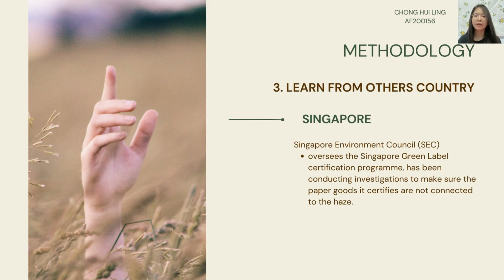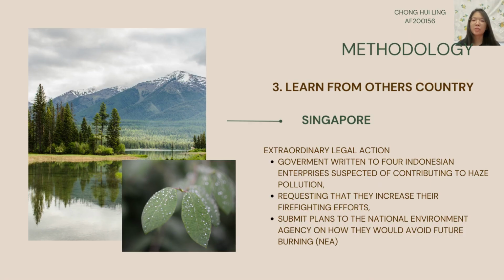They also verify that they do not utilize raw materials from non-sustainable sources, in a joint statement with the Consumer Association of Singapore (CASE). Another solution from Singapore is the extraordinary radio action.